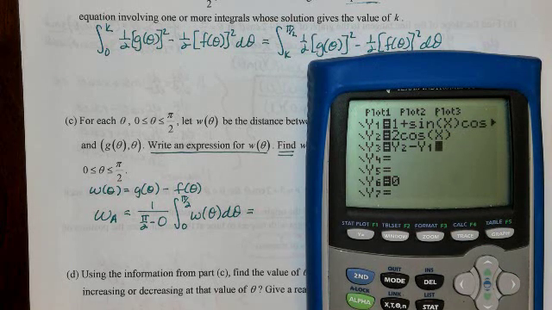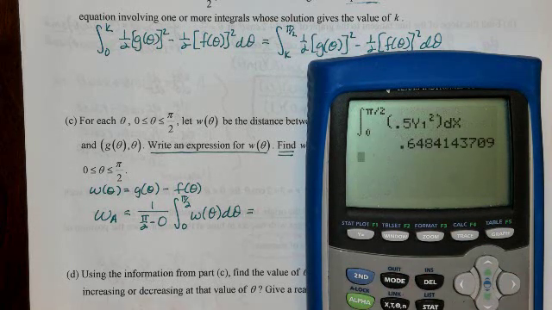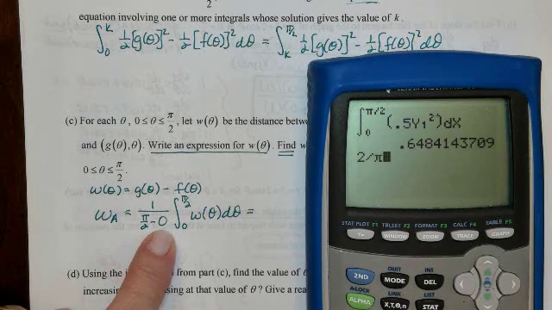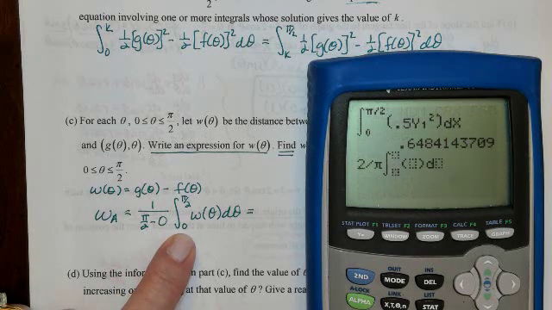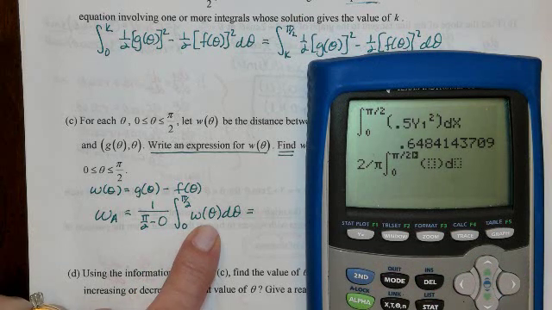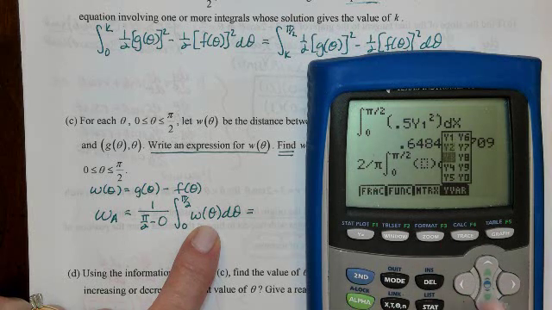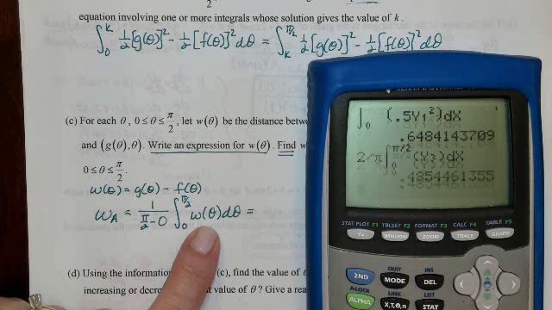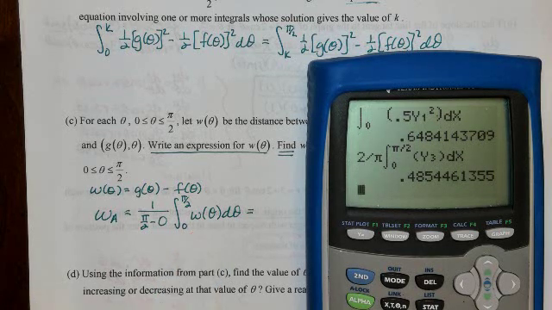And then in my home screen, I can do 1 over pi over 2. 1 over pi over 2 is 2 over pi times the integral from 0 to pi over 2 of my y3, right? So a second. 0.485.